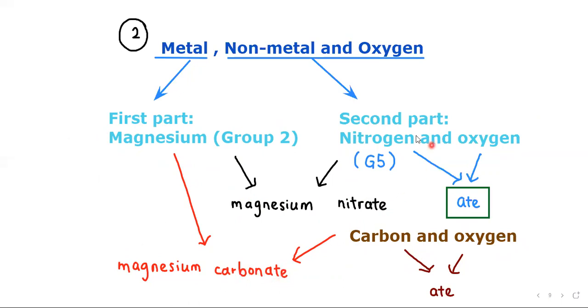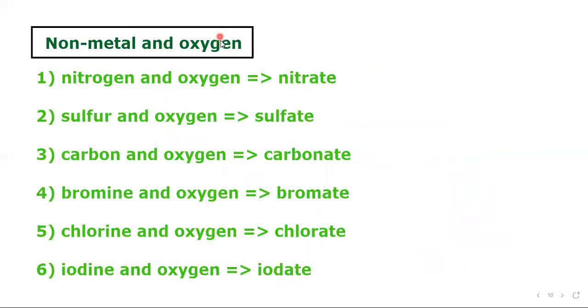Okay, so there are a lot of things that you need to change. So this is the list that I give to you. Let's say you are facing nitrogen together with oxygen: this is nitrate, ATE at the end. When you're facing sulfur and oxygen, with ATE at the end it becomes sulfate.